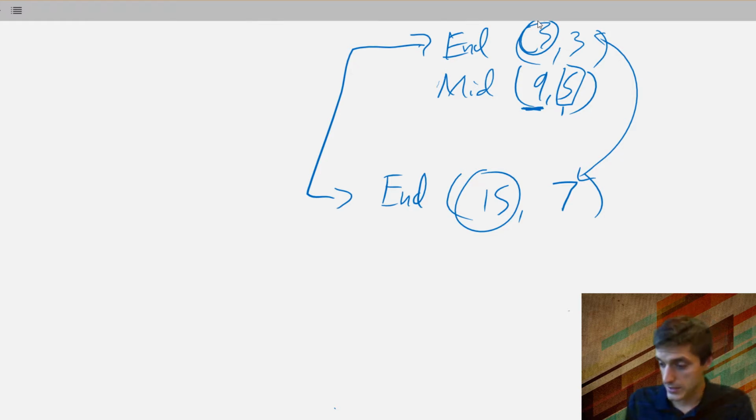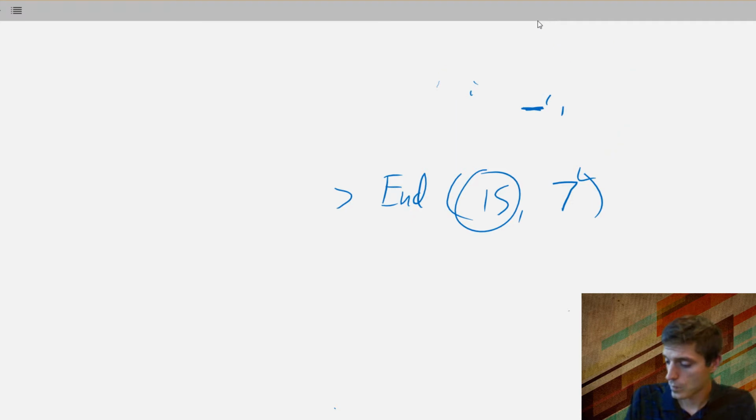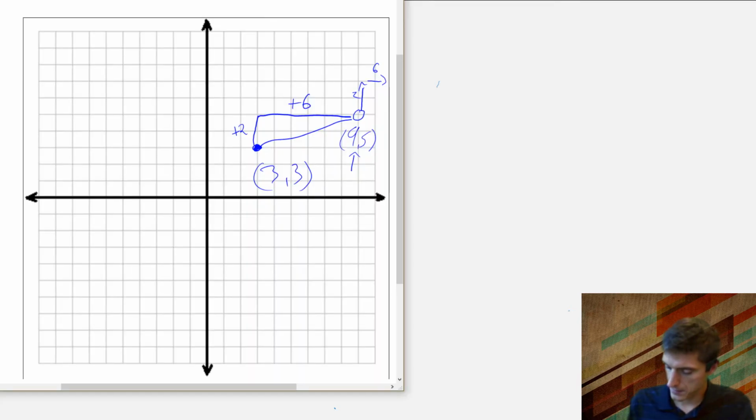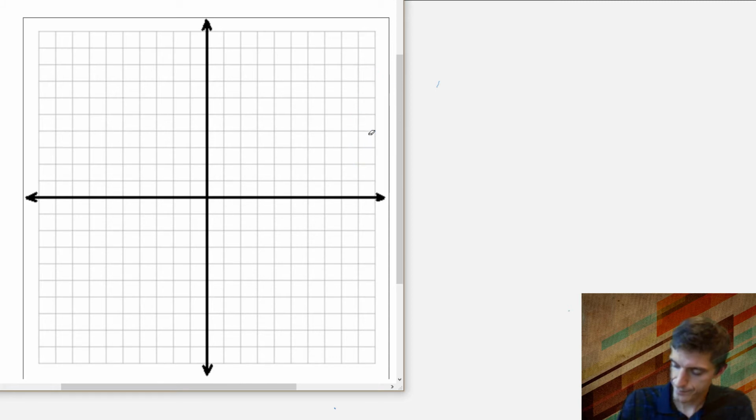So that works. The other thing that could make sense for it is if I was given something like, let's say this. So this is (2, 1).